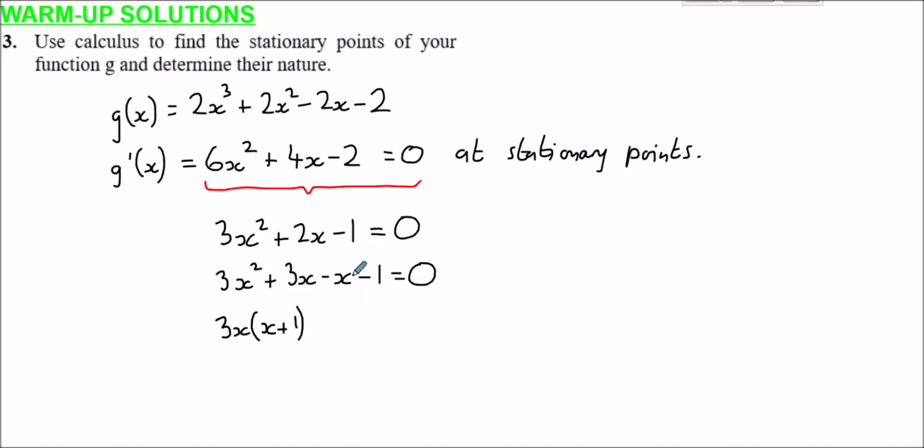Here, both terms are negative, so if there's a common factor of minus 1, then in brackets we could have x plus 1. And you should notice here, this bracket duplicates. So we can put the 3x and the minus 1 next to this bracket, x plus 1.